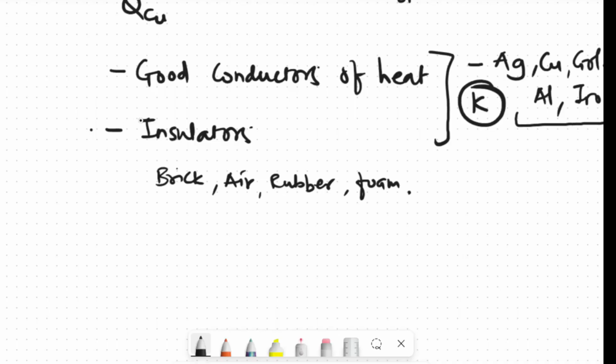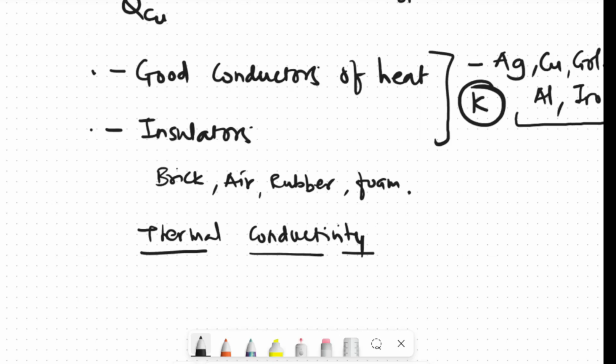Because of this, depending on the application, we use the materials: wherever we want more heat conduction, we use the above materials, and in case of insulators, we use these materials. Now, friends, understand that this thermal conductivity of the material is a very important property if we want to study the theory related to heat transfer.